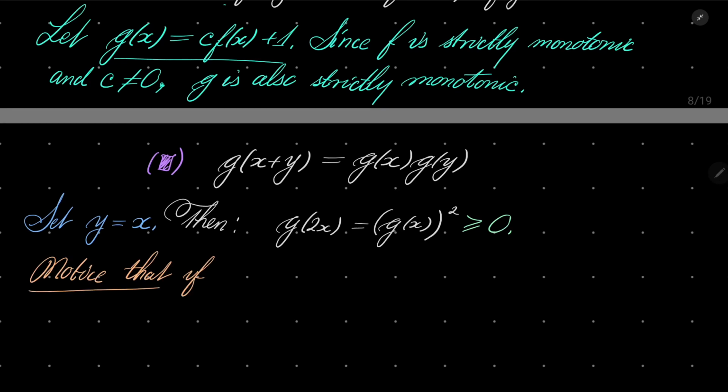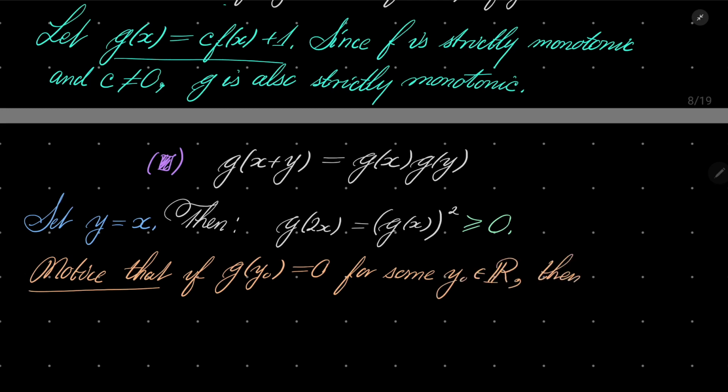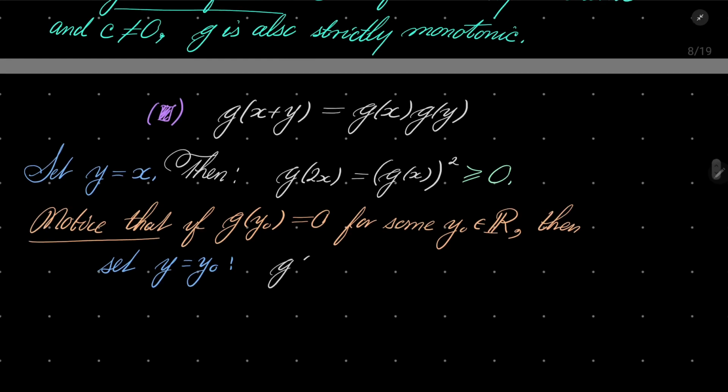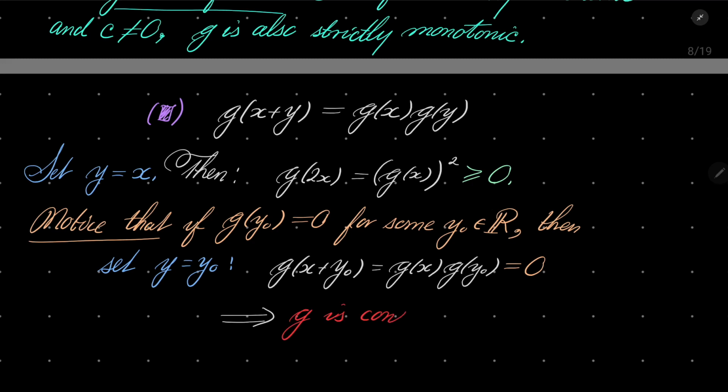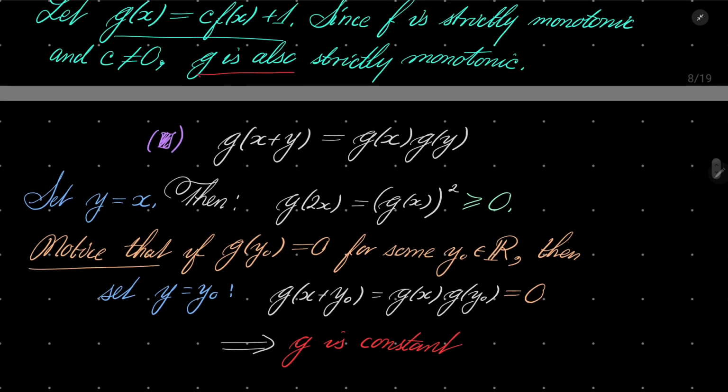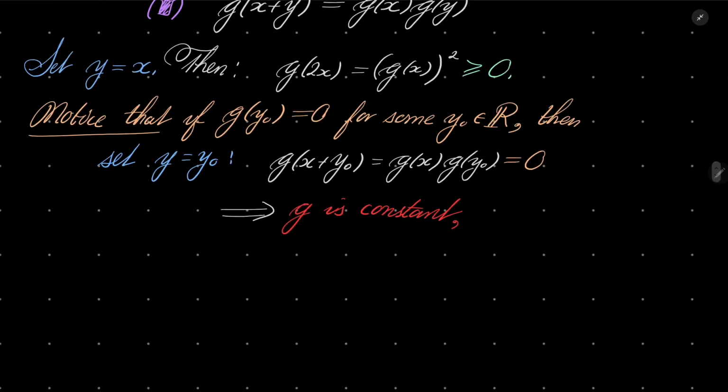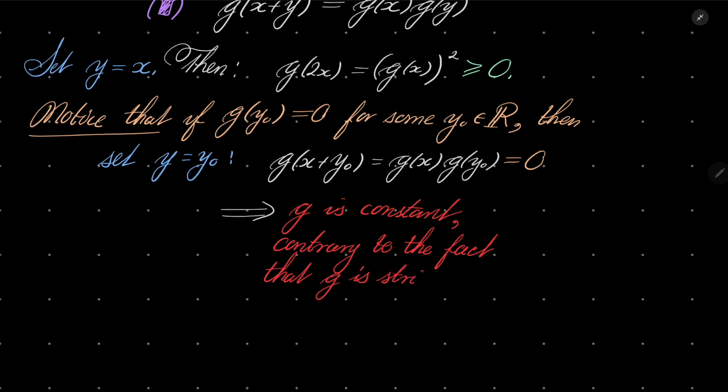that if, for example, g of some real number y0 is 0, then set y to be y0, and we have the following: g of x plus y0 equals g of x times g of y0, and g of y0 is 0, which means that g is constant, which cannot be, because we have demonstrated that it is strictly monotonic.